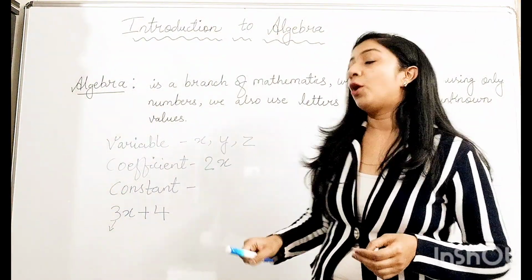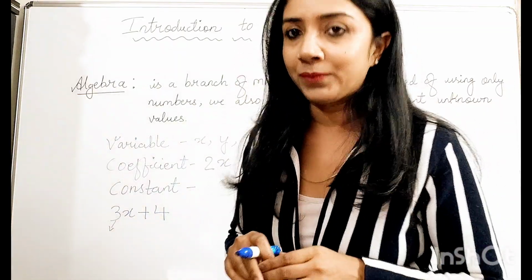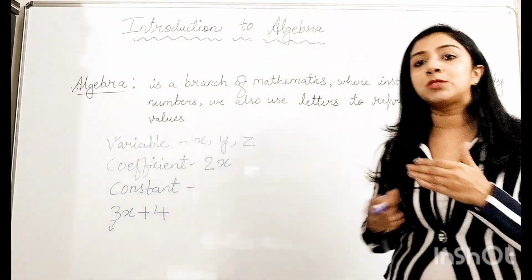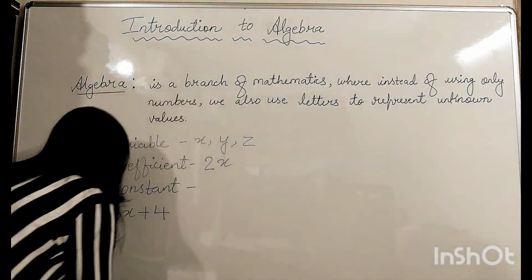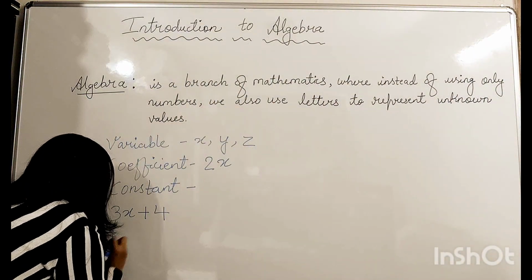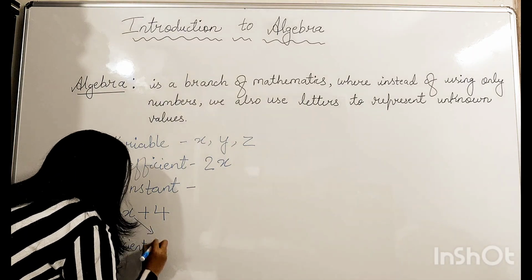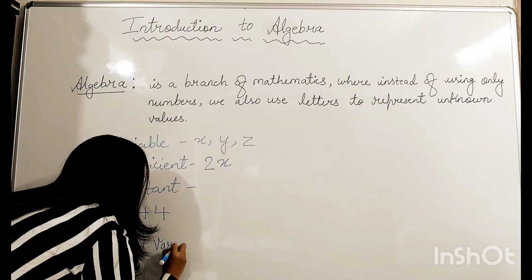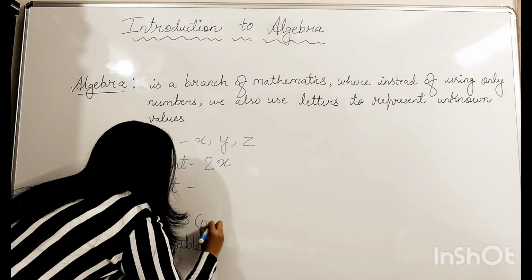As I told you, coefficient always works with variable, and it shows how many times we are multiplying variables. So 3 is here our coefficient, x is our variable and 4 is constant.